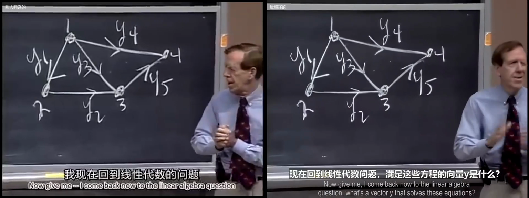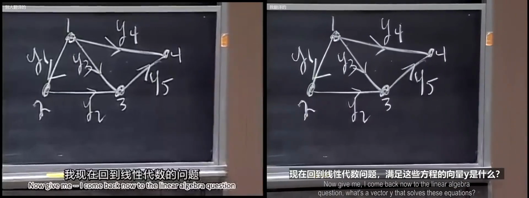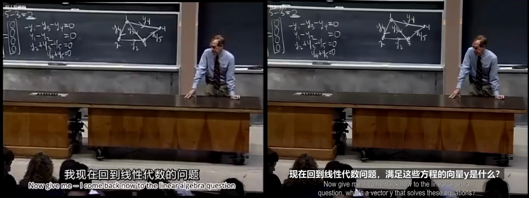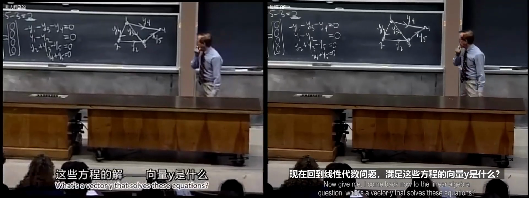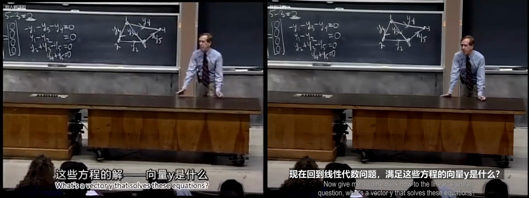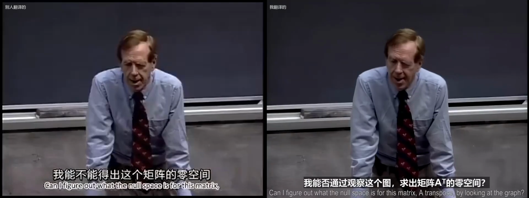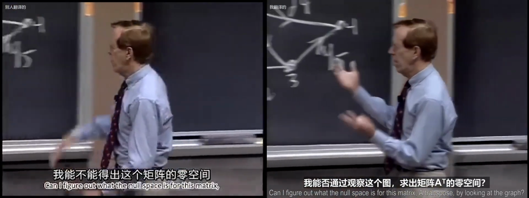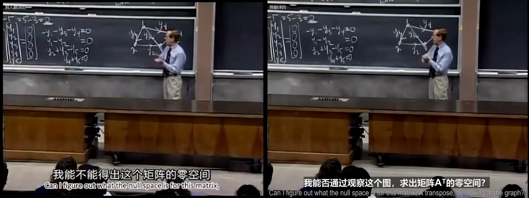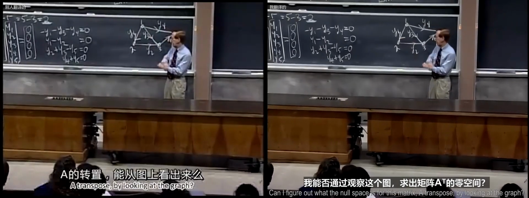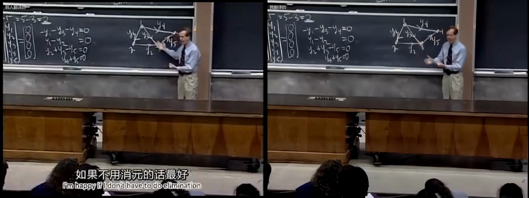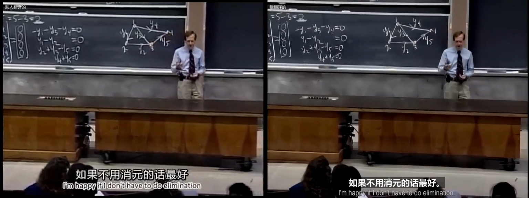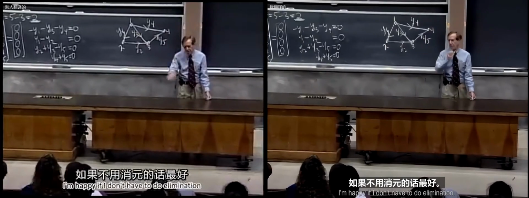Okay, now I come back to the linear algebra question. What's a vector y that solves these equations? Can I figure out what the null space is for this matrix, A transpose, by looking at the graph? I'm happy if I don't have to do elimination.